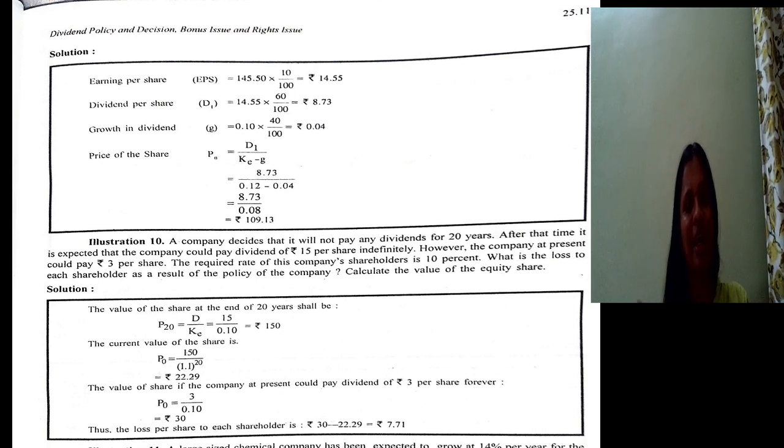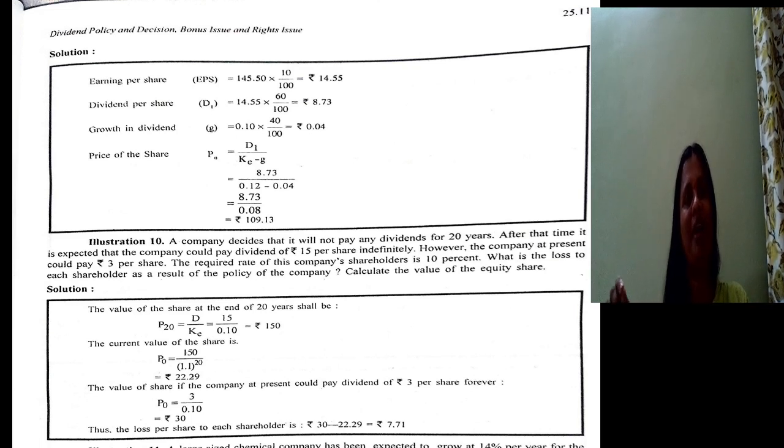Now, what is the current price? Current price means present value. So that is 150 rupees, the price at the end of 20th year, divided by 1.1, that is 0.10, to the power 20. Answer is 22.29. However, the company at present could pay only 3 rupees.